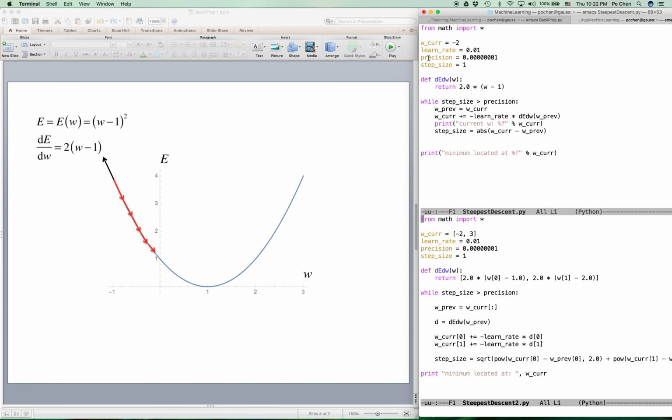Then the variable precision has a very small fixed value. This value controls how accurate we want our result to be. Here we know the exact value is 1, but when it comes to a computer implementation, there's always a machine precision. So how precise we want our result to be is controlled by this number.